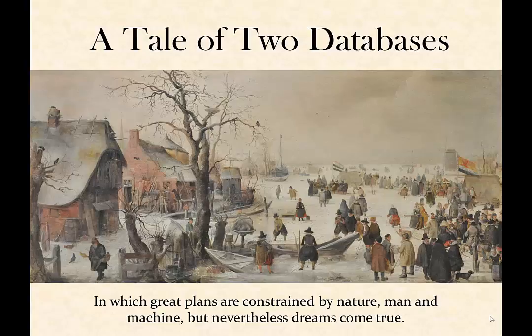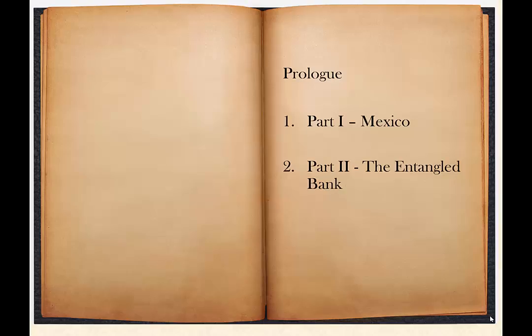Now, it was called A Tale last year. The talk was A Tale of Two Databases, and I talked about two databases, my Mexican database, and the second database that I talked about was one that I worked at in my previous job called the Entangled Bank.